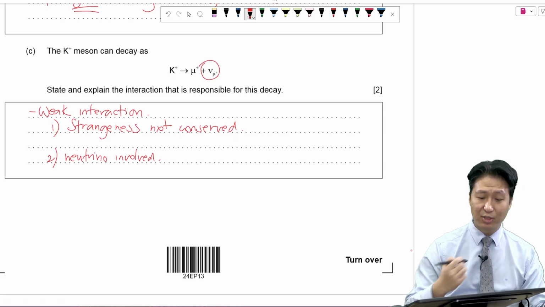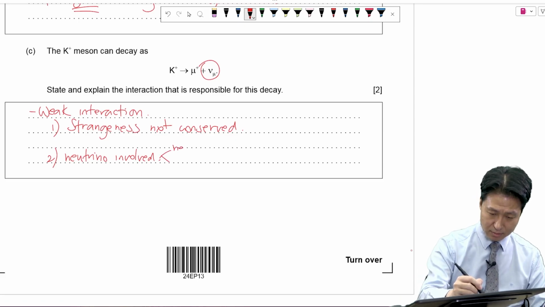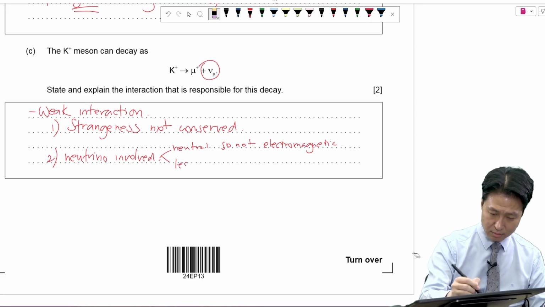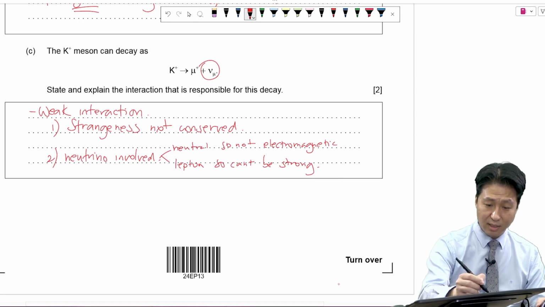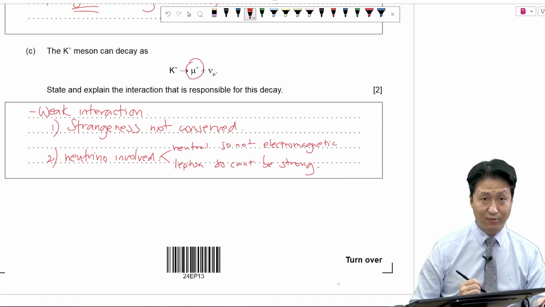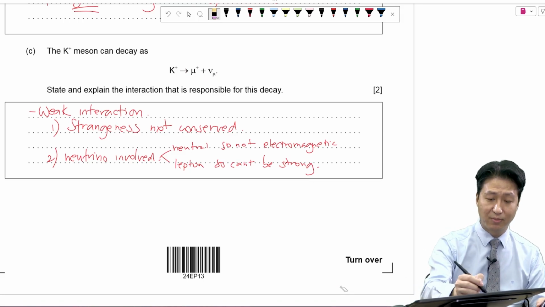And it's a lepton, so it cannot be strong. And lastly, there is a transfer of charge, which can only happen with W plus bosons.